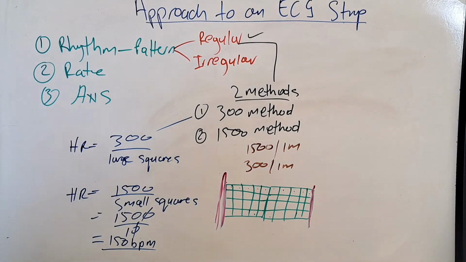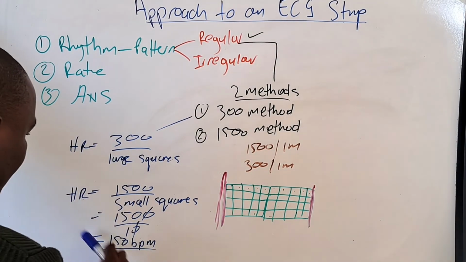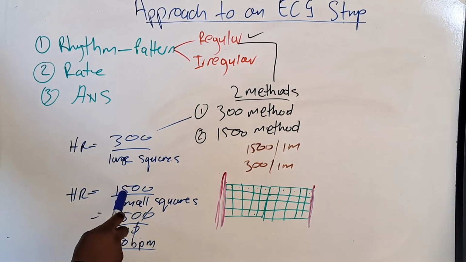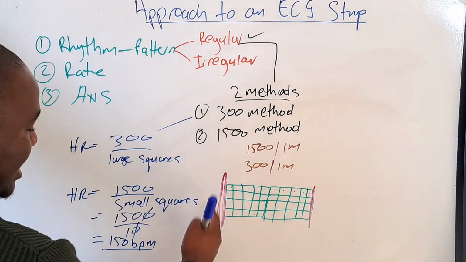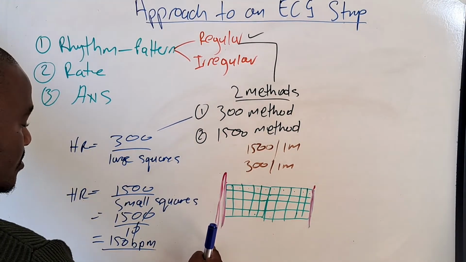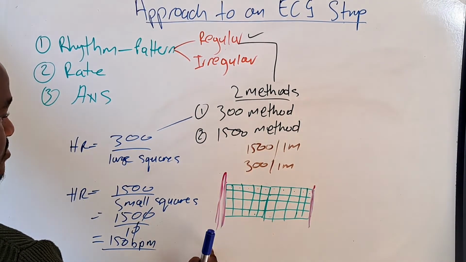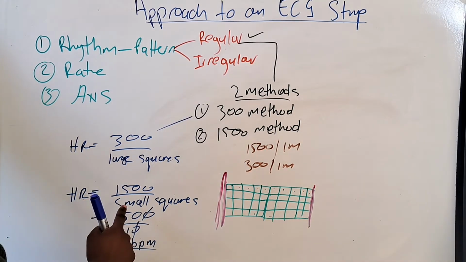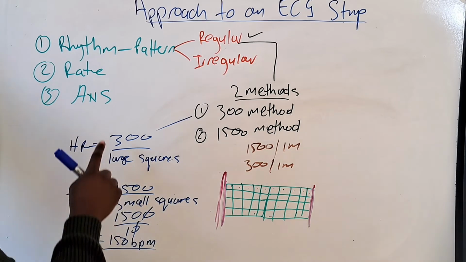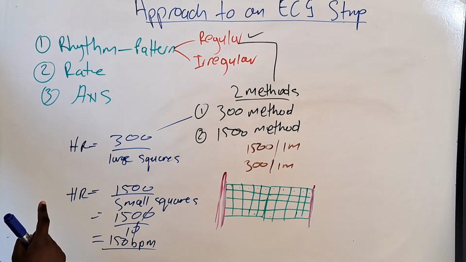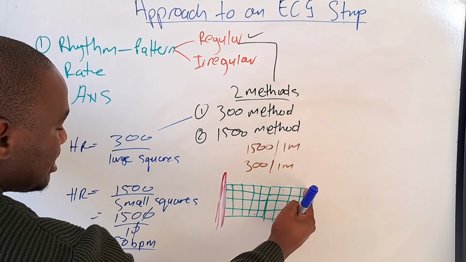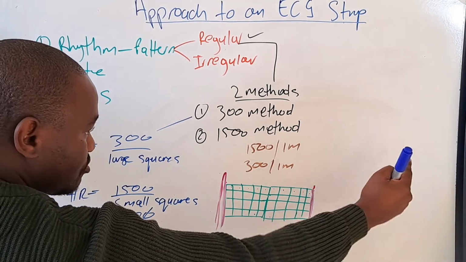So I'm going to repeat. If you are using this method, 1500 divided by small boxes, you look for an R. So this is regular, right? The reason why you can employ these 2 methods only when the heart rate is regular is because if it's 10 here, you expect it to be 10 throughout.